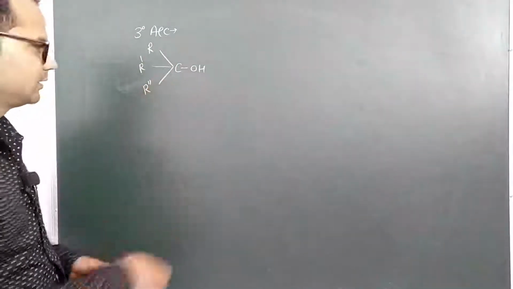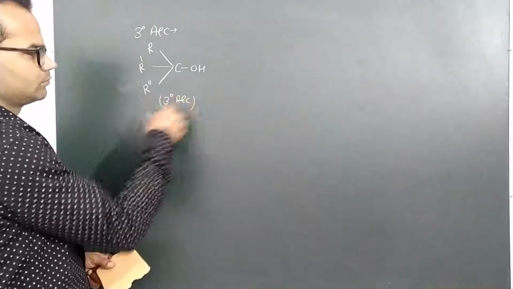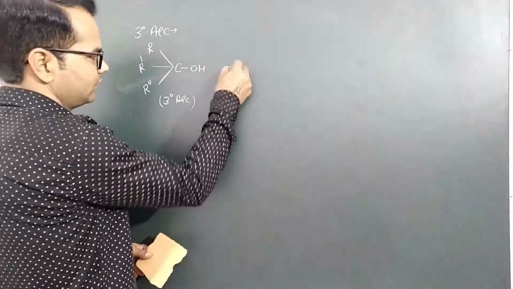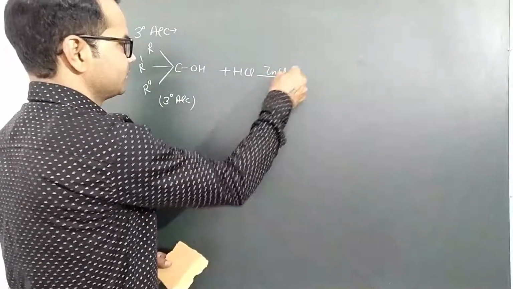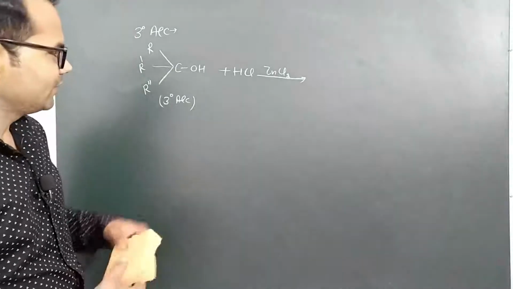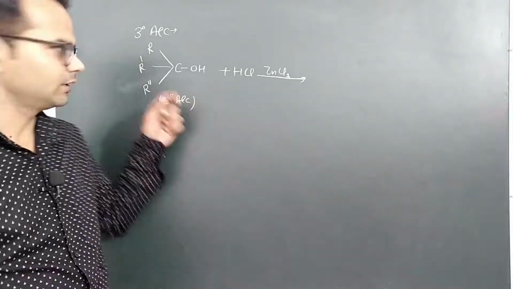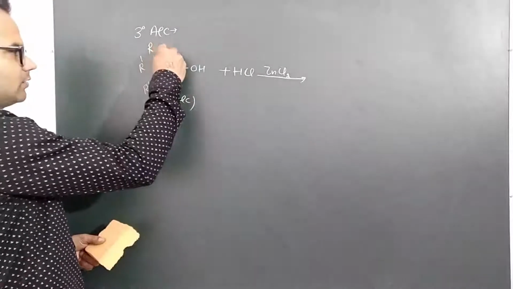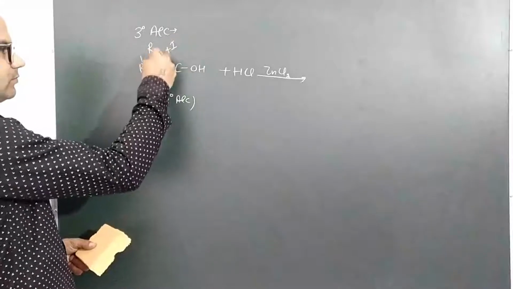So this is tertiary alcohol. Reaction with Lucas reagent means with HCl in presence of anhydrous zinc chloride. We can understand with one another effect that is called inductive effect. Here 3 alkyl groups are there. They show plus I effect.